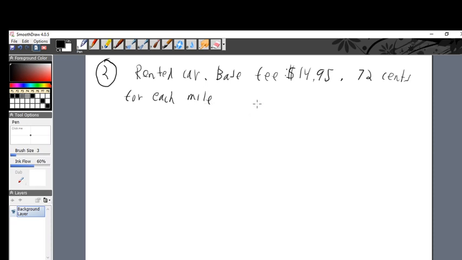Now, when the person brought back the rented car, the total cost turned out to be $146.71. Okay, here comes the question. How many miles did he drive?